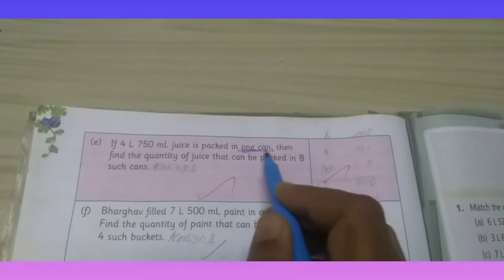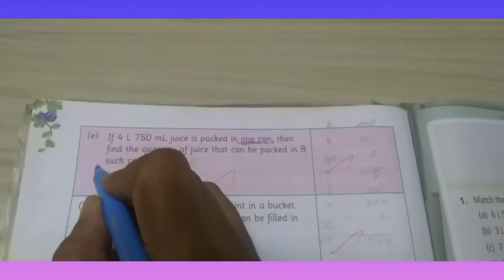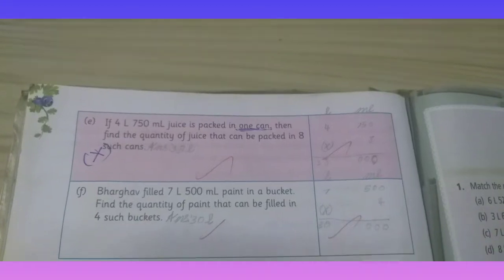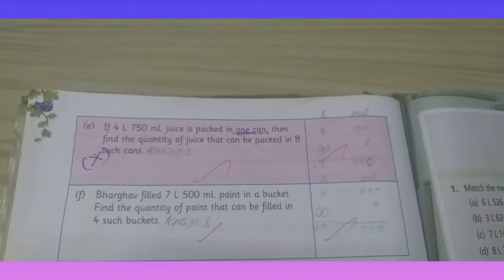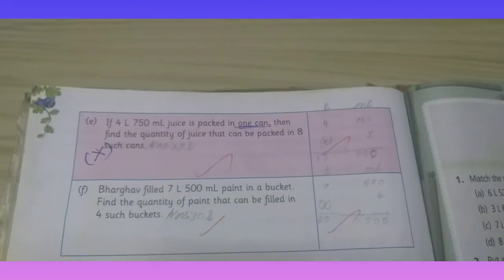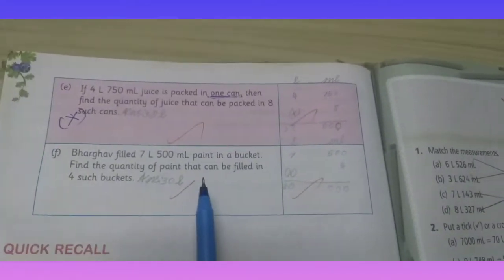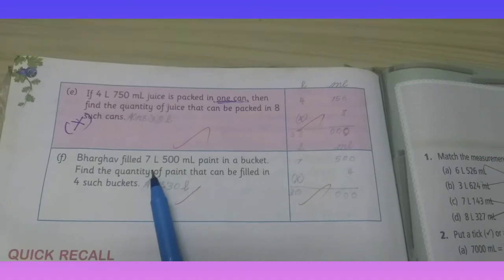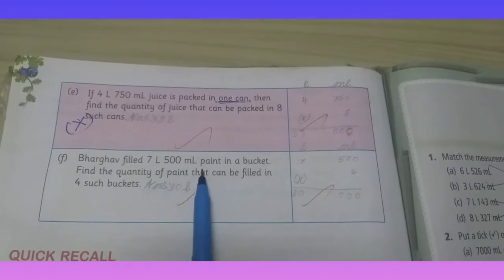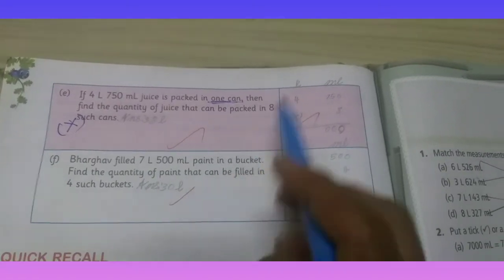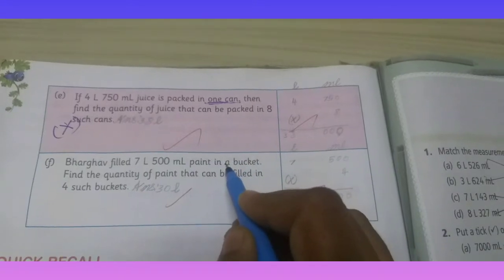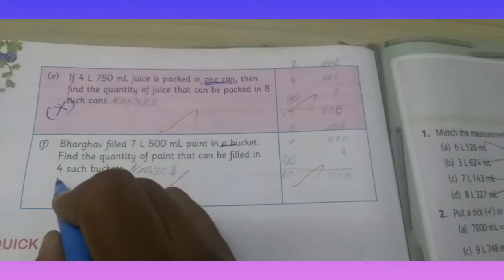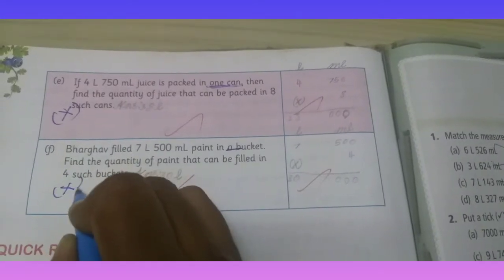Given part having 1 means it is a multiply sum. If it is 1 in the given and the find part has more, it is divide, isn't it? Already we studied. And here, filled 7 liters in a bucket. Here 1 is given, asking more, 4 such buckets. So this is also multiply.